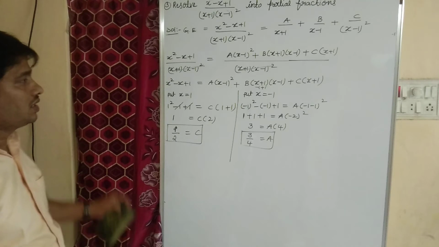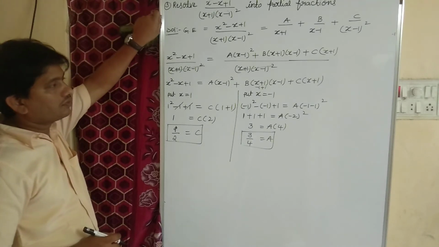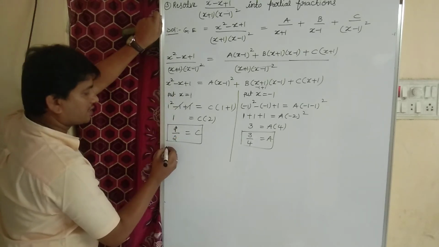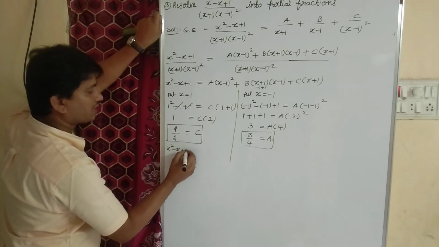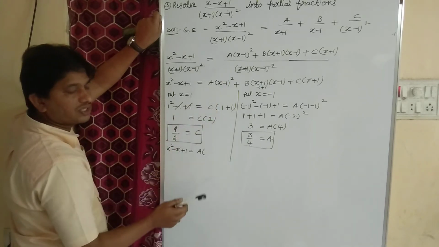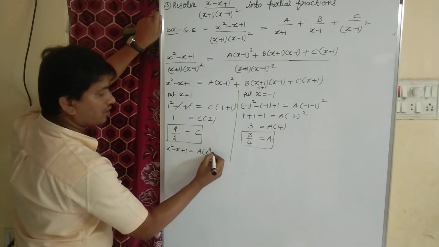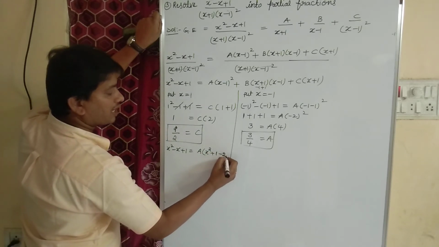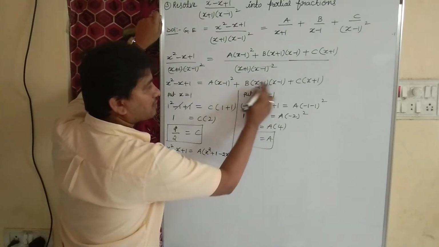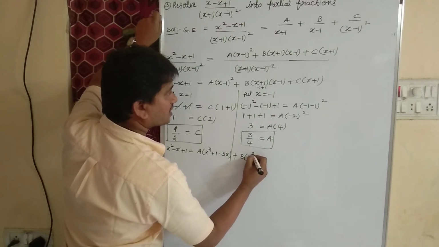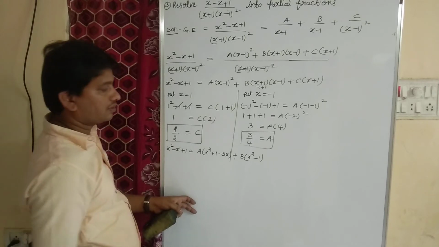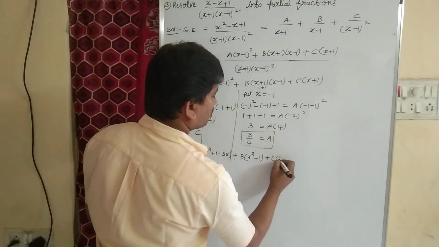Okay, children? See, as we want to find the value of b, our equation is x square minus x plus 1 equals a into x minus 1 whole square, which I can write as a square plus b square minus 2ab, plus, here I can write x plus 1 into x minus 1 as x square minus 1, a plus b into a minus b, a square minus b square, plus c into x plus 1.